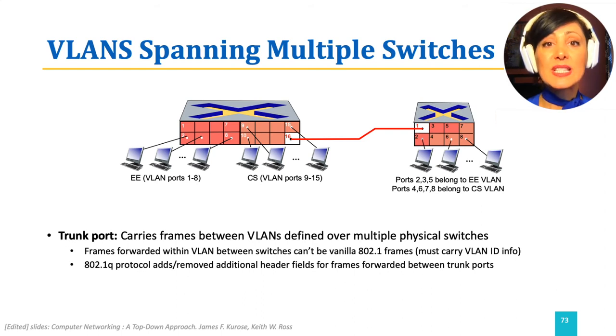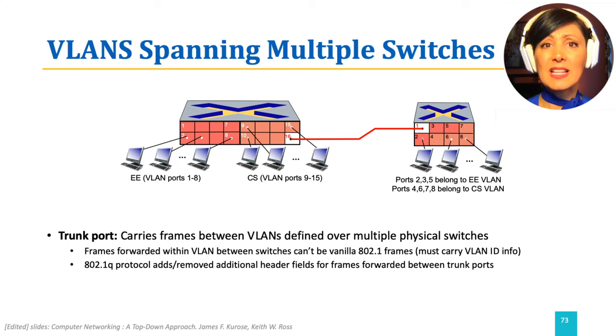We use ports 9 to 15 for CS. We use port 16 of the first switch as the trunk port to connect to port 1 of the second switch. On the second switch, we use ports 2, 3, 5 for the electrical engineering VLAN and ports 4, 6, 7, and 8 for the CS VLAN.